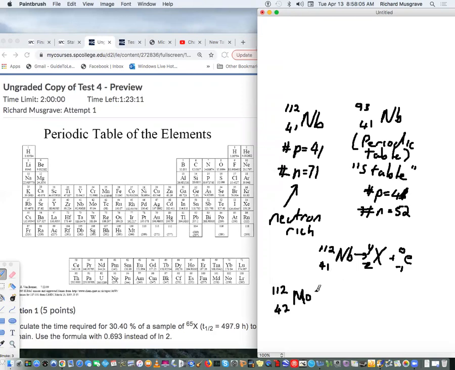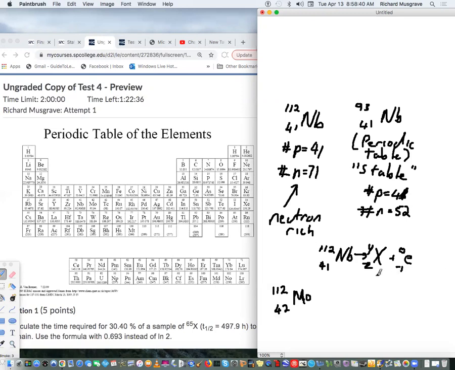Now, what you'll notice here is if you look at the 42 of MO and compare it to the stable one, it's a lot closer than we were with NB. It's still neutron rich, so it could decay again if it wanted to. But you'll see that it's a bit closer to the atomic mass than the other one was. So that's how we know it's getting a little bit more stable.